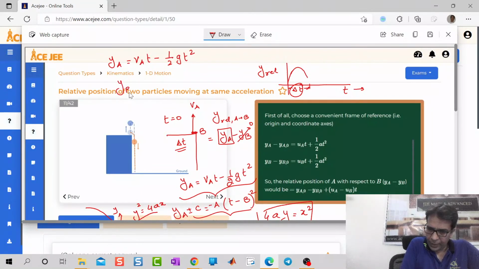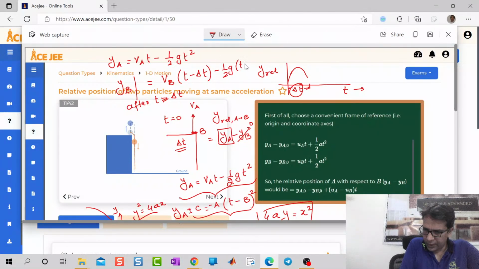For YB, after time t is greater than delta t, YB can be written as VB times the time duration, which would be t minus delta t, minus half g times t minus delta t square.